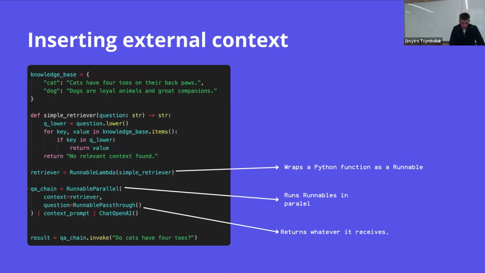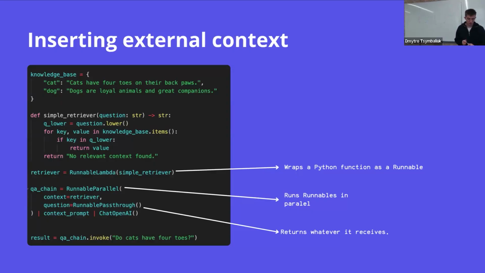So what do those runnables actually do? RunnableLambda obviously wraps a Python function as a runnable. So then you can use any function as a runnable inside your chain. It's useful when you want to insert some context in your chain, or if you want to include some function in your chain.